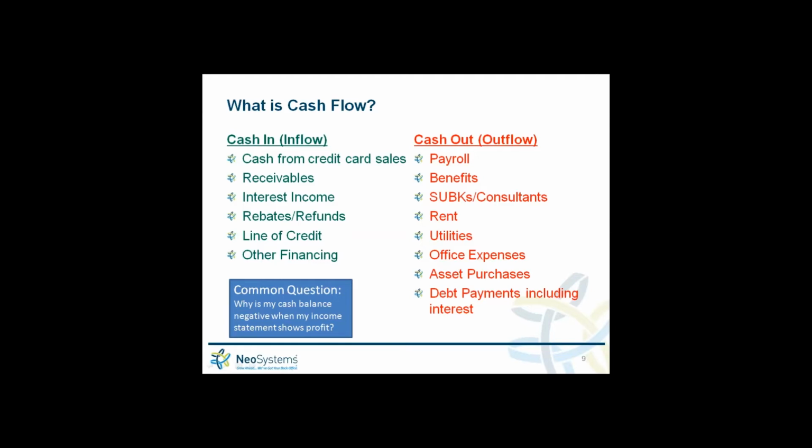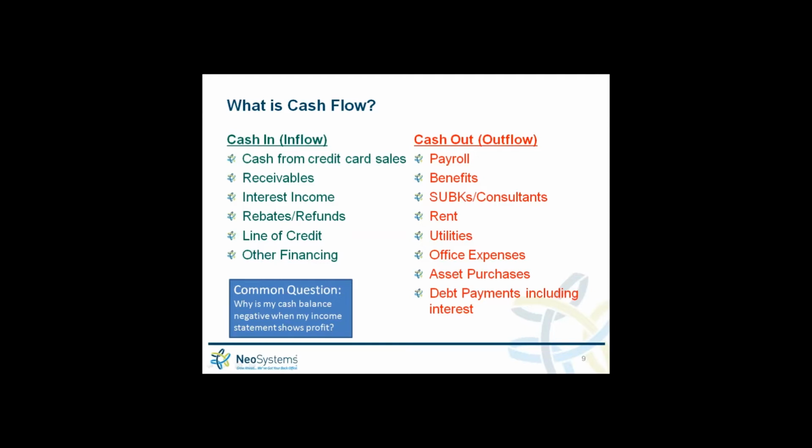A common question that we come across a lot with our clients, especially ones that are just starting off in government contracting, is that they'll take a look at their income statement, and it might show 15% net income based on their revenue, but their cash balance might say negative $20,000, and they don't understand that.